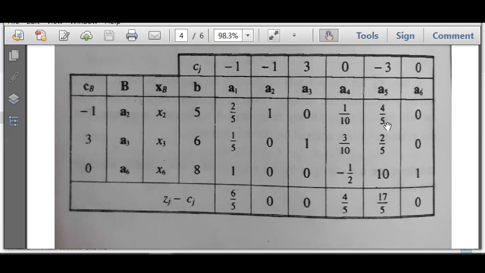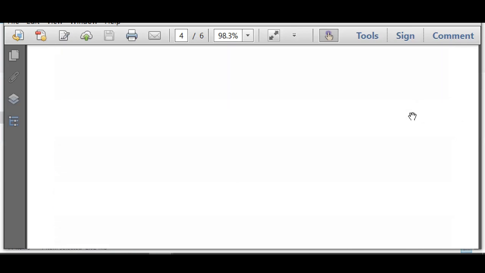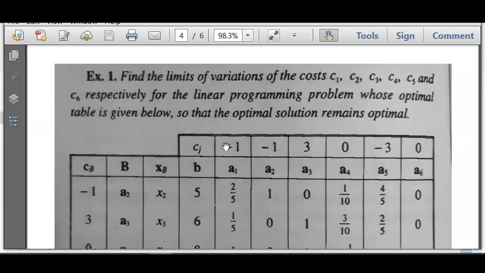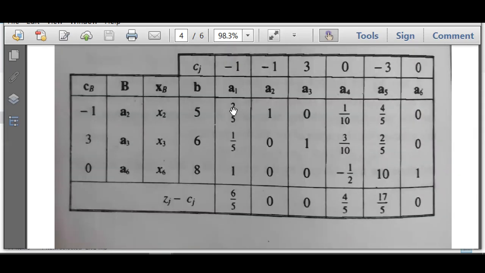Let me just see once again. Not x6 but x1, x4 and x5. So y21, y24 and y25. I will consider the whole thing first, then our focus will be on the non-basic part of the y2j's.